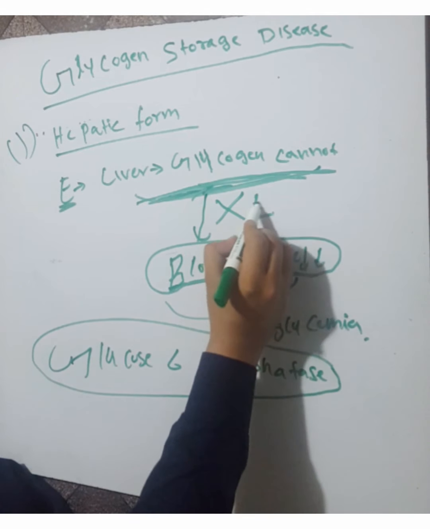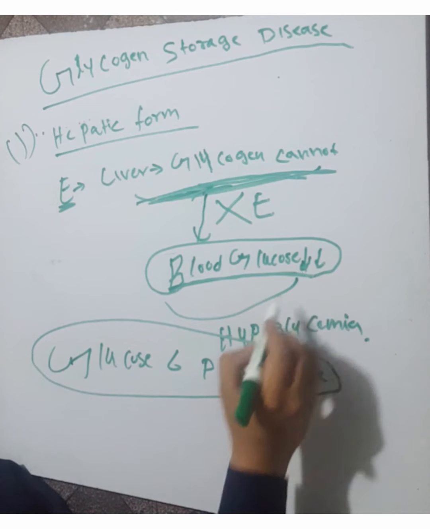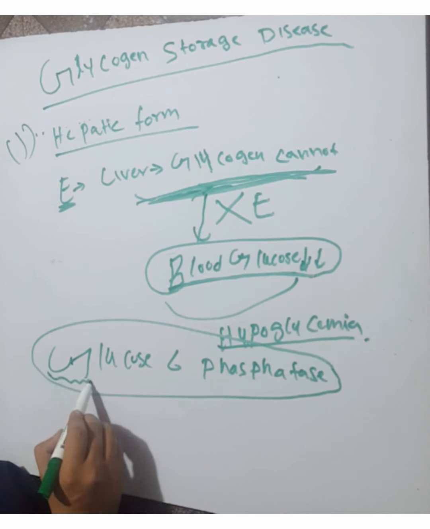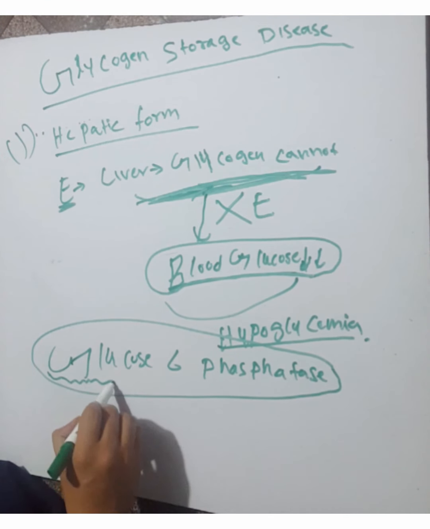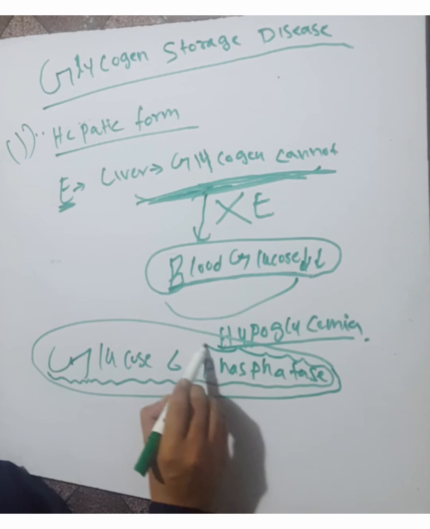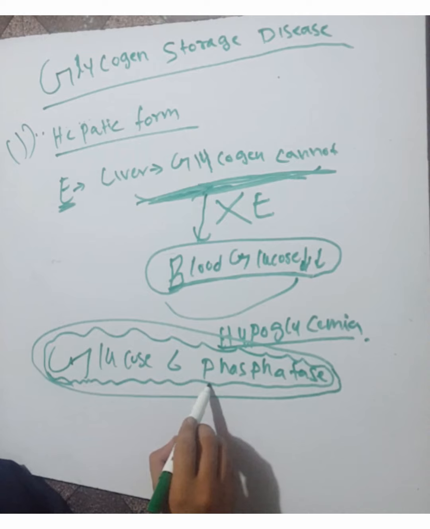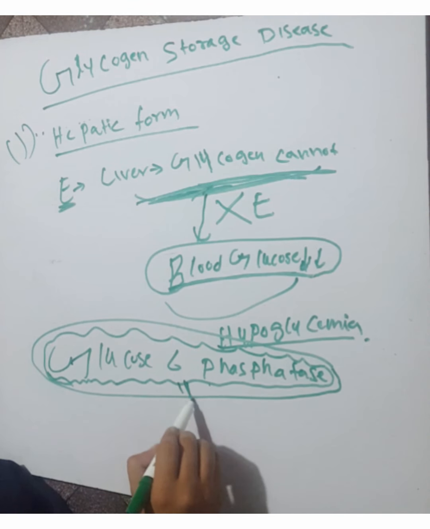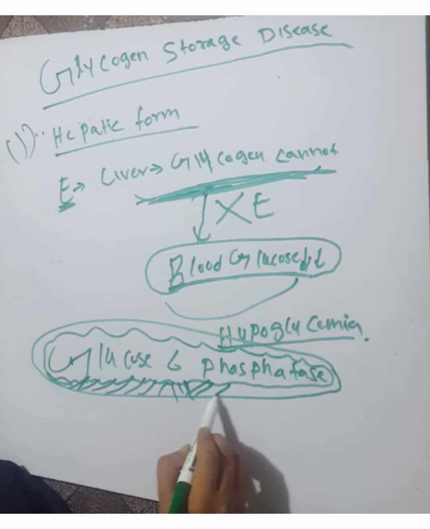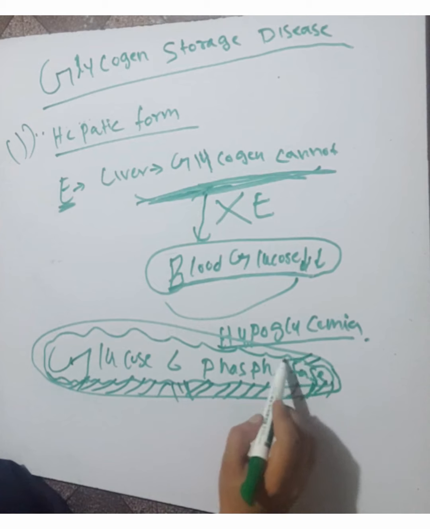The blood glucose level lowers and causes hypoglycemia. If a mutation occurs in the gene that synthesizes glucose 6-phosphatase, the enzyme cannot be synthesized, and the liver cannot convert glycogen into glucose.